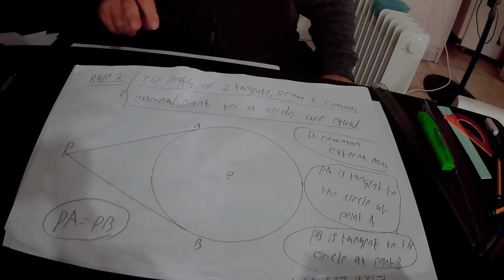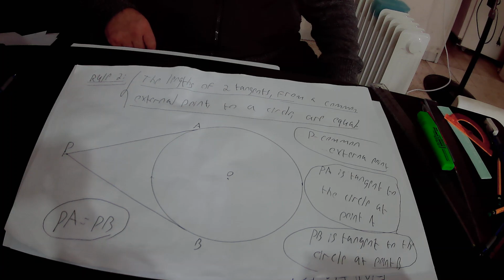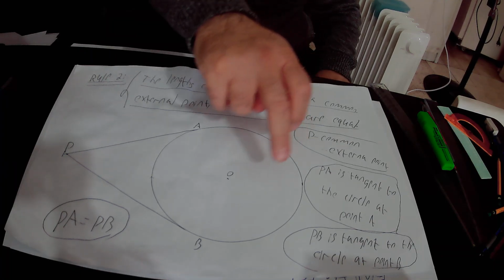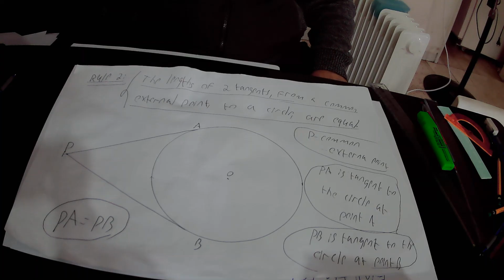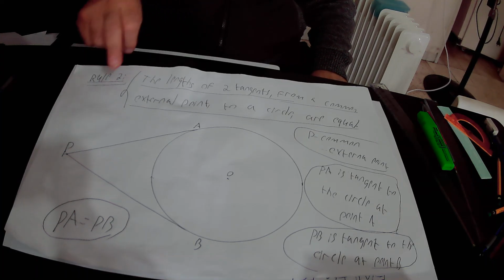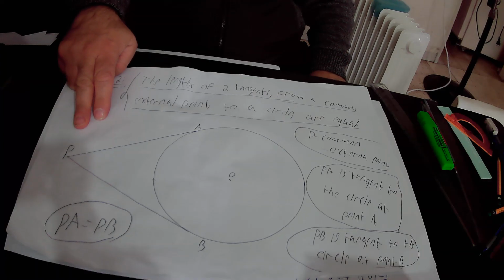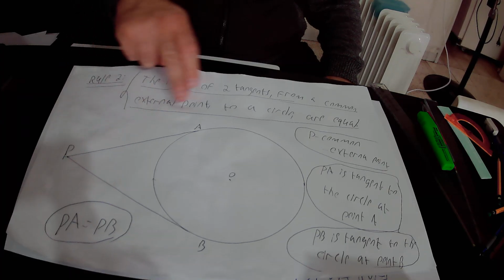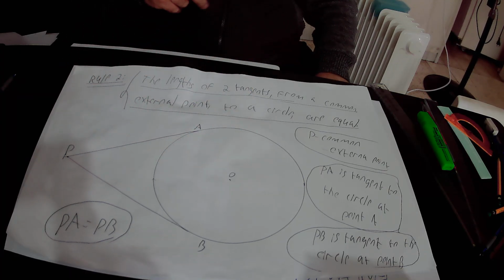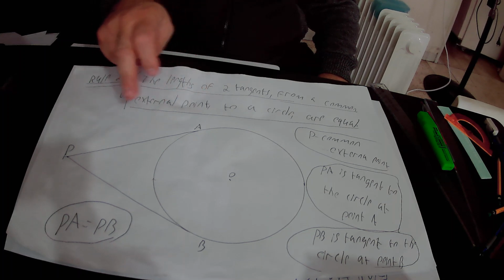So according to rule 2, the lengths of two tangents from a common external point to a circle are equal. In the drawing we have a circle and we have the common external point P. From the common point P we have two tangents to this circle, tangent PA and tangent PB. And according to rule 2, they are equal to each other.